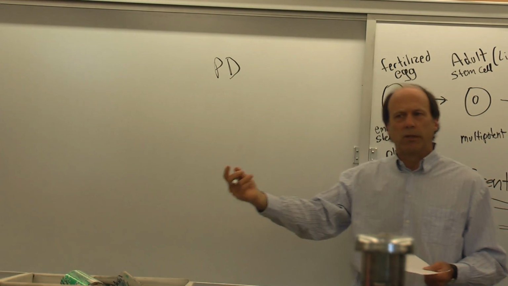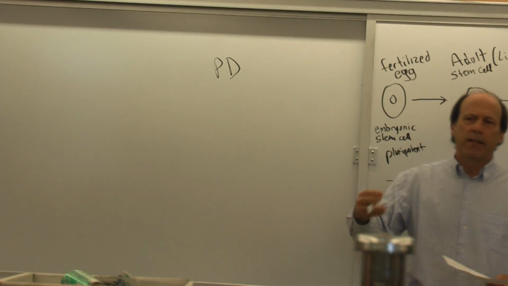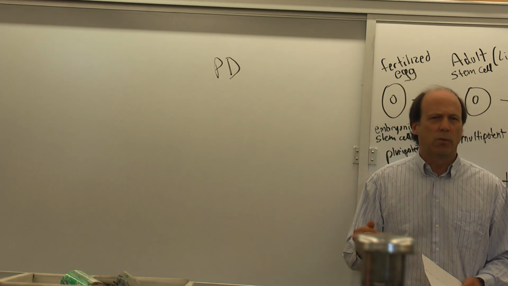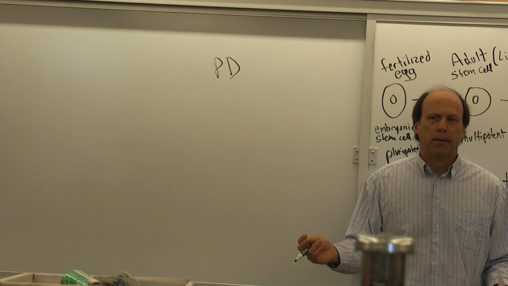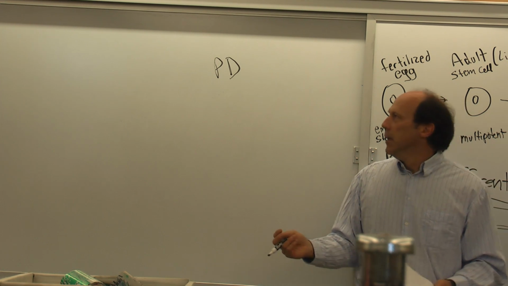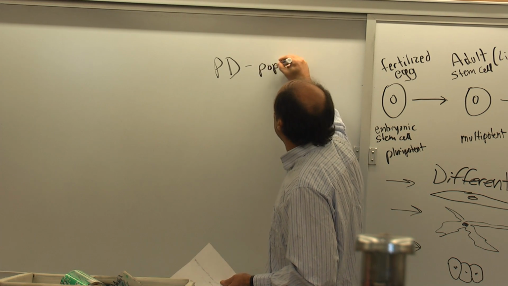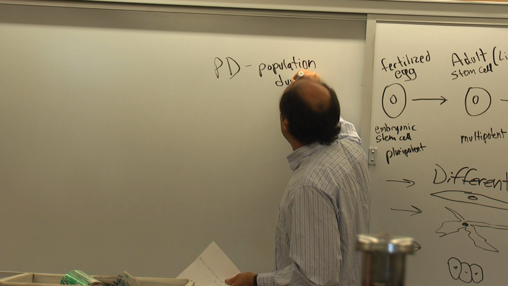Not the chronological age of the cells, not that they're 80-year-old cells, but that they've divided a bunch of times. And how far will they go? Well, human fibroblasts will go like 60 to 80 cell divisions, and then that's it. So why does that happen? PD, population doubling. Some limit to the capacity.